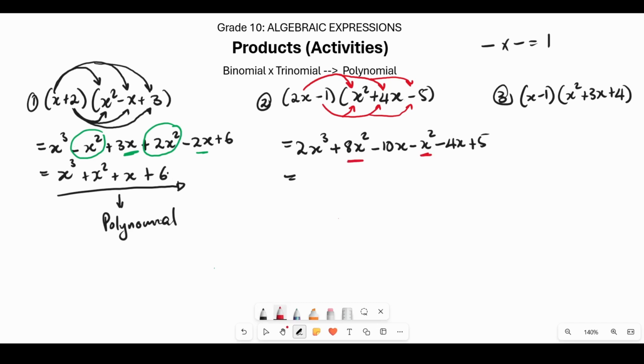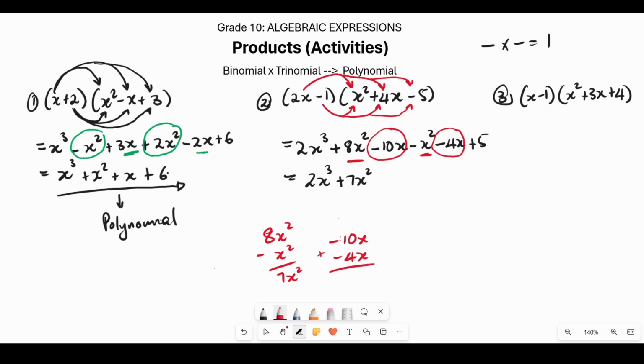So in this case, focus on the like terms. This is a like term with this one. So if I tackle it, it's 8x squared minus x squared, which gives me what? 7x squared. So this one doesn't have a like term, which is going to be plus x cubed. Check another one, this one here and this one here. So minus 10x minus 4x.